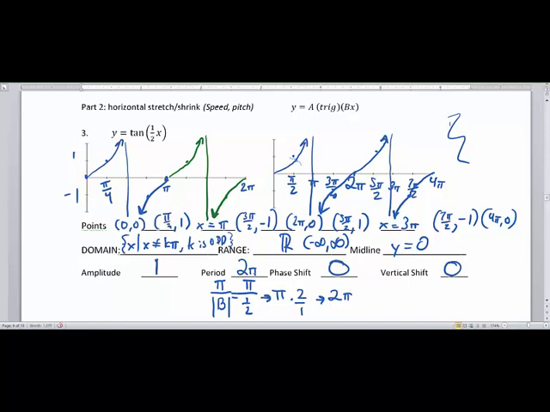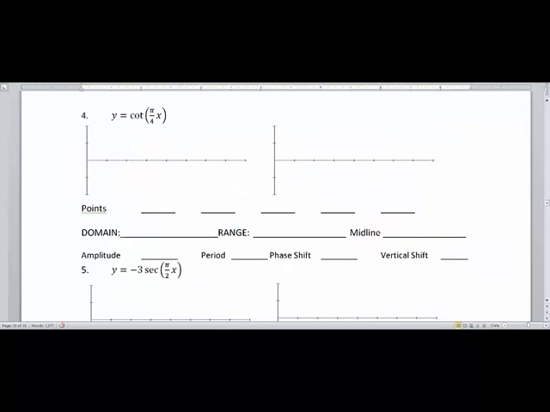Now let's do another problem, and we're going to deal with cotangent this time, and we're really going to mess with the period because we're going to use a radian this time. So for this example here, we've got the cotangent of pi over 4x. Now it's very much a bare bones problem here.